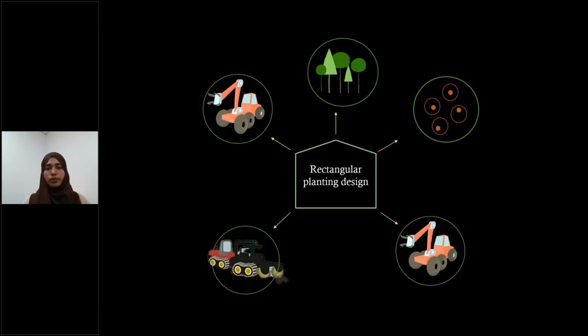But if we use rectangular planting design, the corridor will be there from the beginning, and it can be used for any operation. And when we create a strip road during thinning, it can damage the remaining trees, and it also increases the storm damage risk, right? So we can also avoid that by using rectangular planting design.